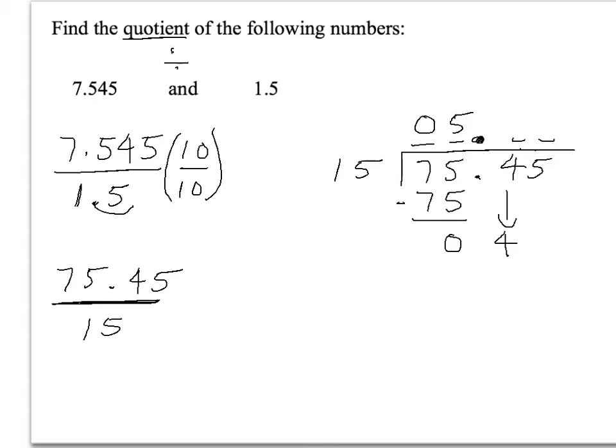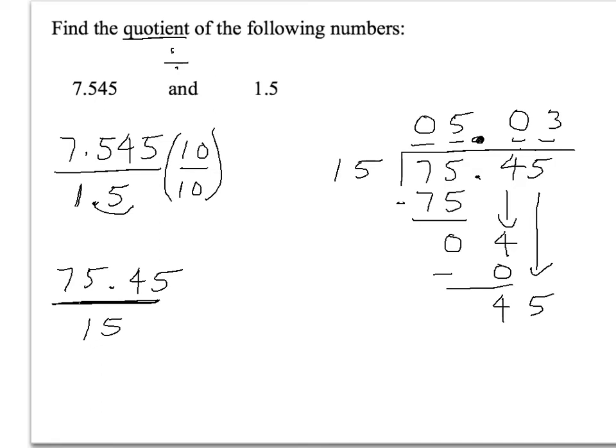And does 15 go into 4? No, it doesn't. 4 is smaller than 15. 0 times 15 is 0. Subtract this off. Got 4 remaining. Bring down the 5. And start over. Does 15 go into 45? Well, 45 is larger than 15, so I should be able to get some groups of 15. Just a matter of how many. I think it's 3.